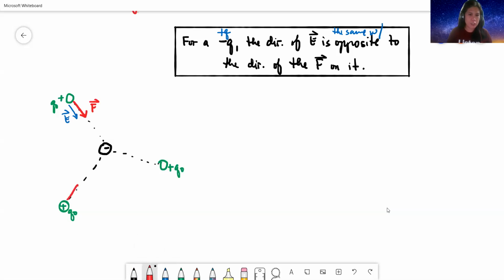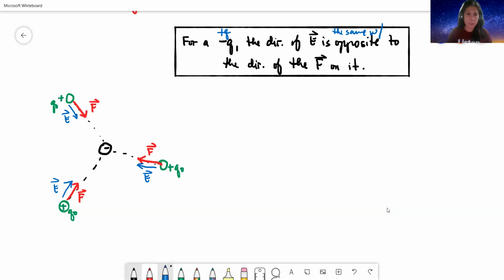Same here: force of attraction, F. And since the recipient of this force is a positive charge, the electric field is also in this direction. So if you notice, if the source charge is negative, the electric field that it establishes around it is directed into it.